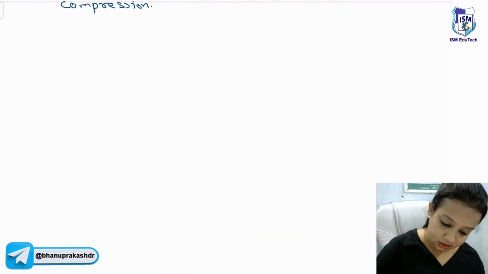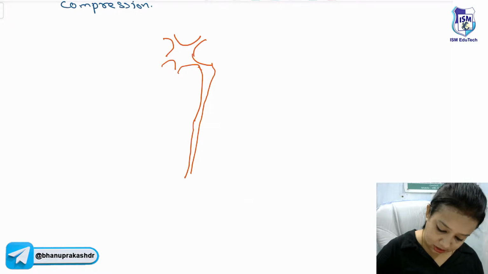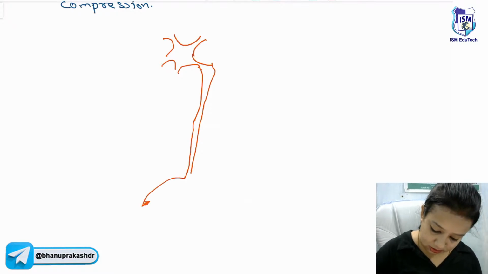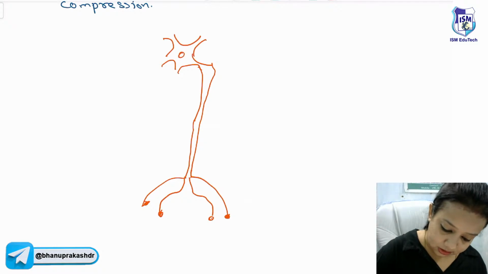Drawing the neuron, a typical neuron once again. So, say this is our axon, and this is the synaptic terminal. This is a cell body, and we have the myelin sheath.